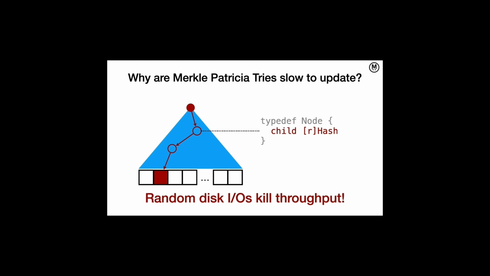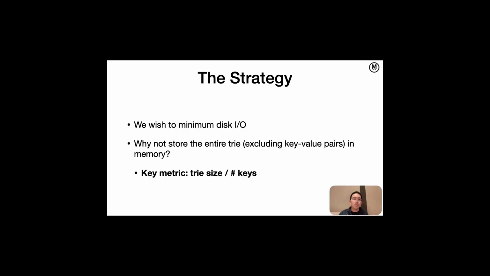It kills throughput because you have to go hopping around the disk to overwrite stuff, it's really slow. So this is the crux of the problem. With Merkle-Patricia tries, each update to the key value pair involves multiple updates to the internal nodes when you do the merklization, and this is the culprit of the slowness.